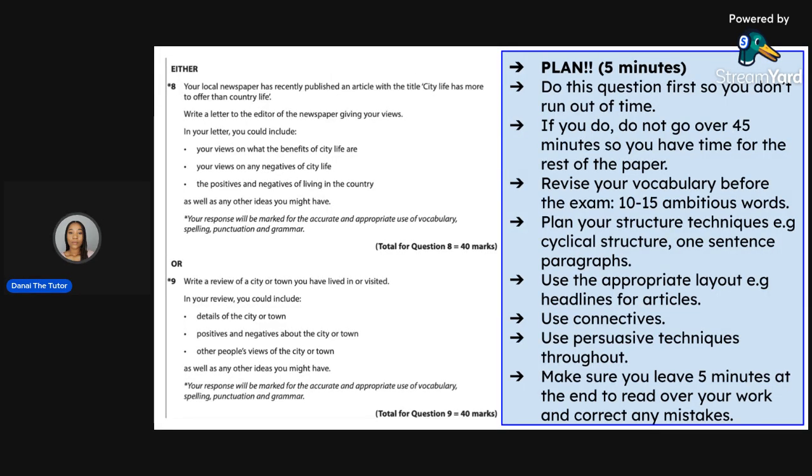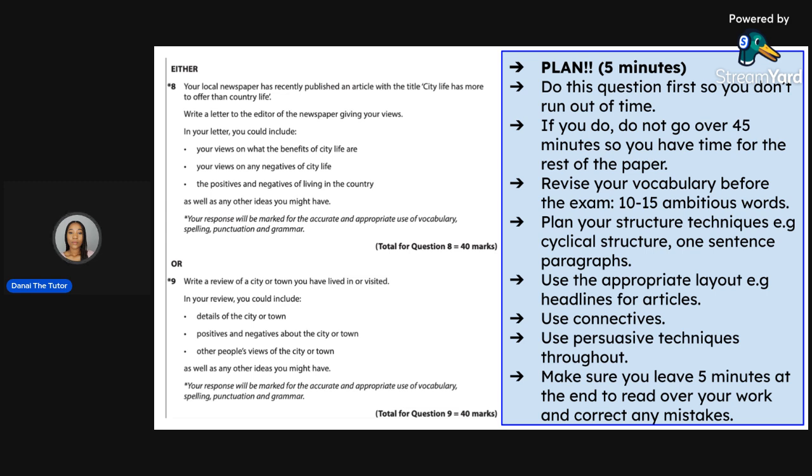And then finally, you have your writing question and you have a choice. So you either pick 8 or 9, not both, pick one. Make sure you spend about 5 minutes planning before you start the question. Do this question first so you don't run out of time.